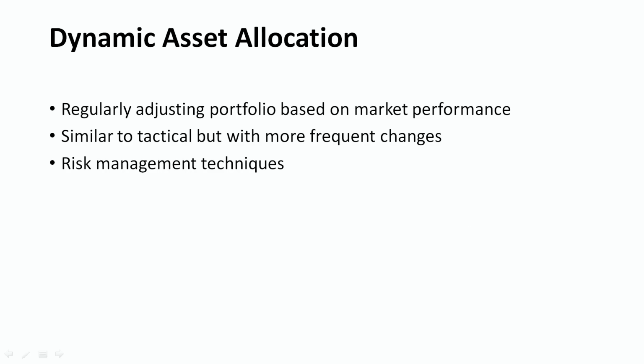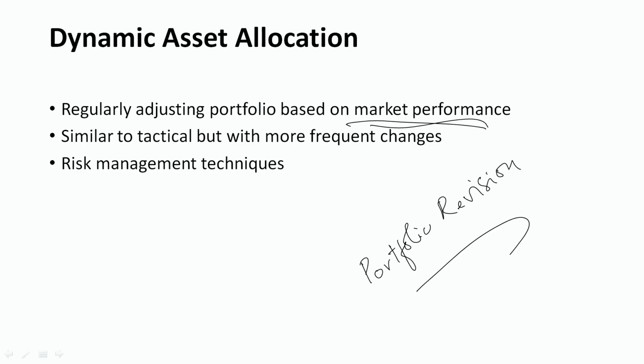There is another type of allocation when we are talking about portfolio construction, called dynamic asset allocation. Dynamic asset allocation is nothing but portfolio revision at regular intervals of time based on market performance. This is somewhat similar to tactical allocation which we saw in the previous slide, but as the name suggests, dynamic, it is more frequent in nature.